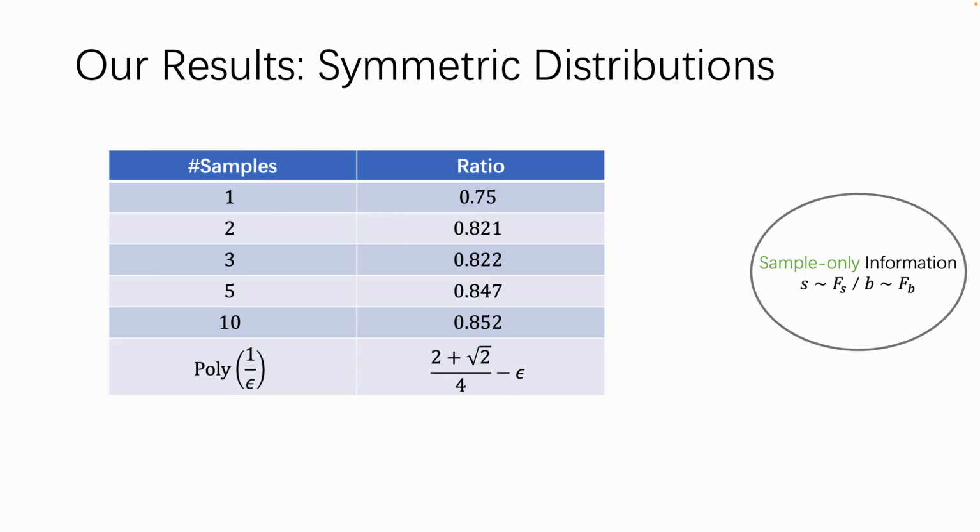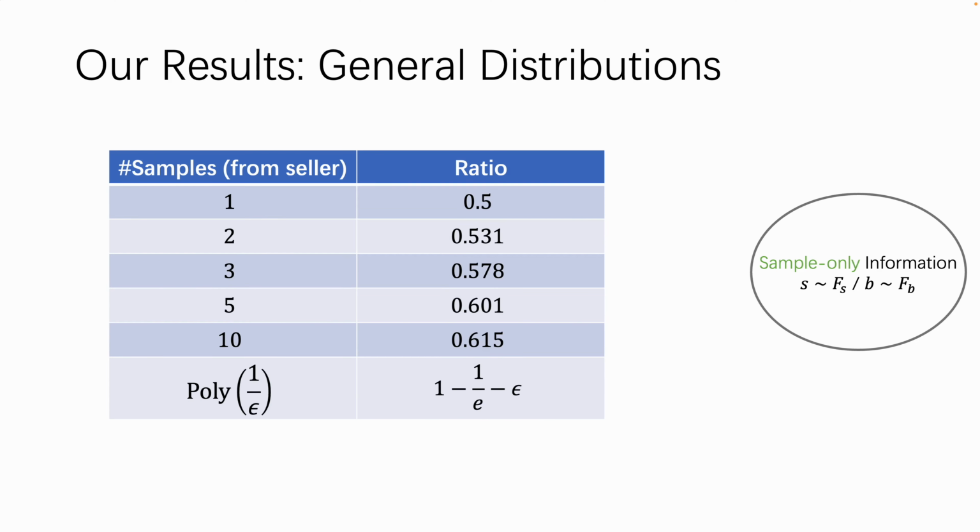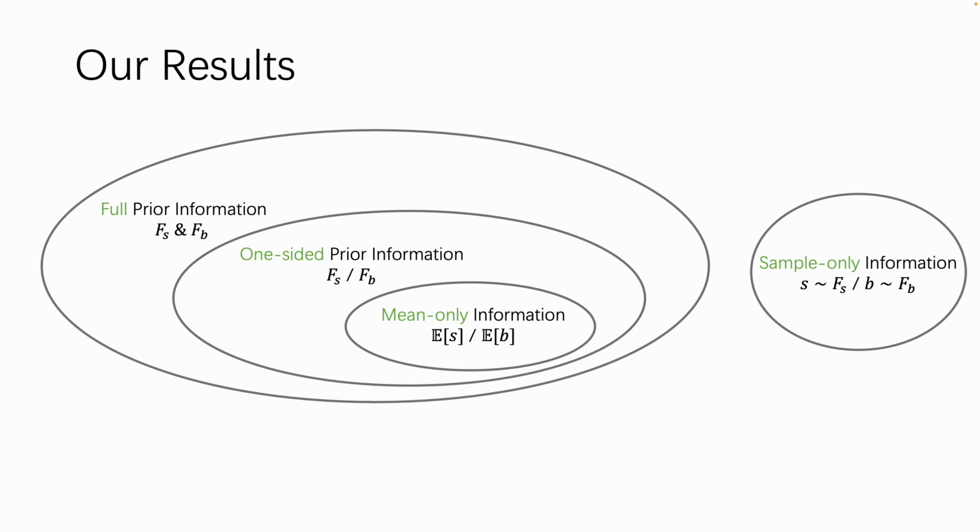For the symmetric setting, we solve the max-min program numerically and get these results, and we also give an asymptotic analysis. We also do something similar for the general setting, and our mechanism could almost achieve the previous state-of-the-art ratio as the number of samples grows to infinity. Okay, and these are all our results.